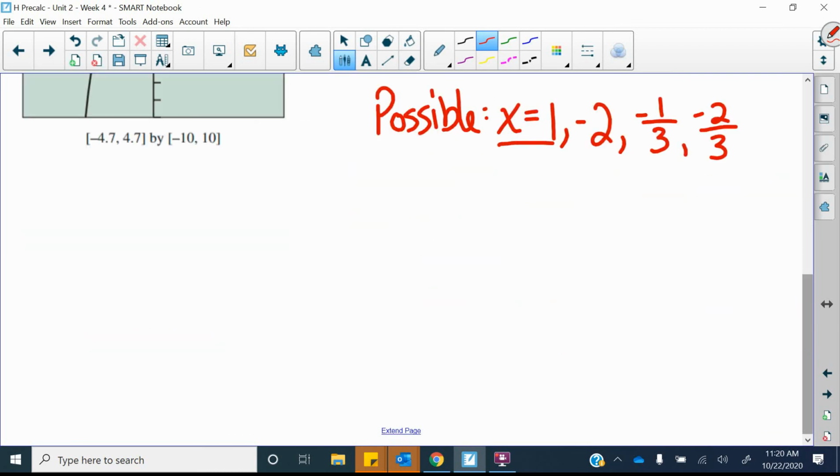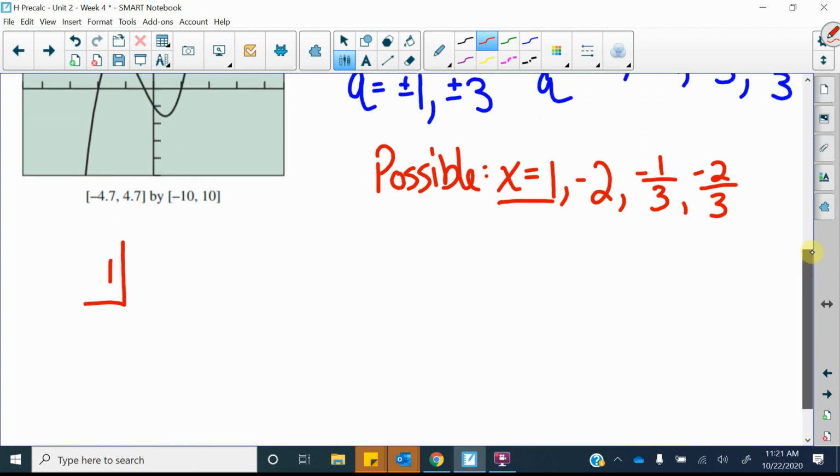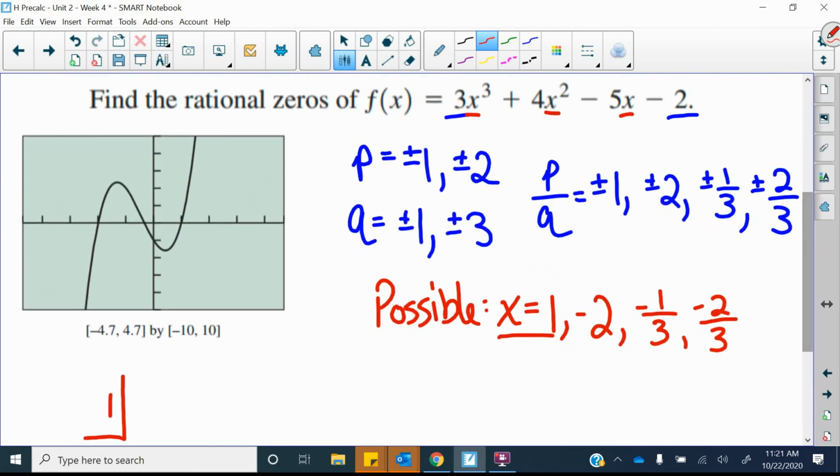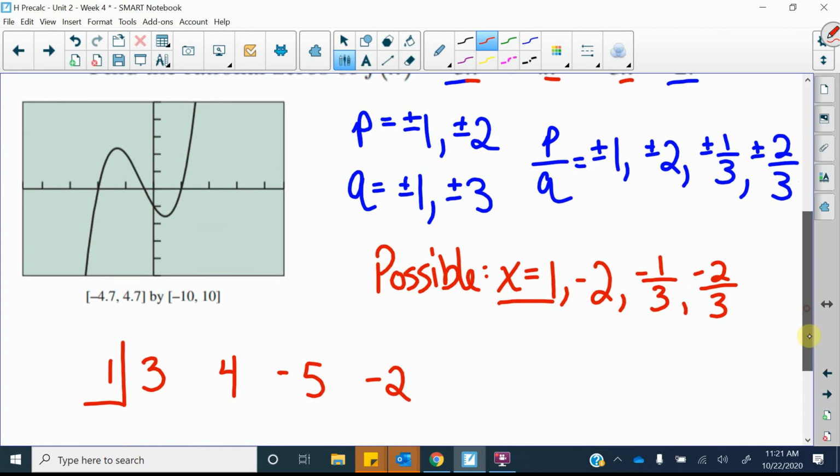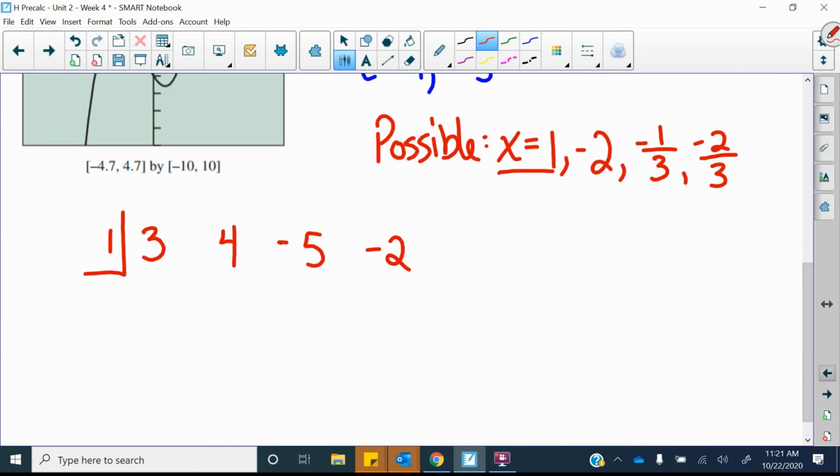So let's see if x is equal to positive 1, and I'll show you how we're going to use this for factoring purposes. Let me write out my original: 3, 4, negative 5, negative 2. I just picked one to start because it was the first one I noticed. You could technically pick any of them.